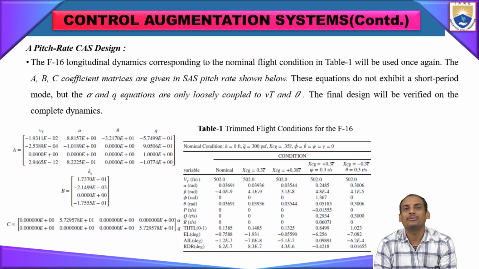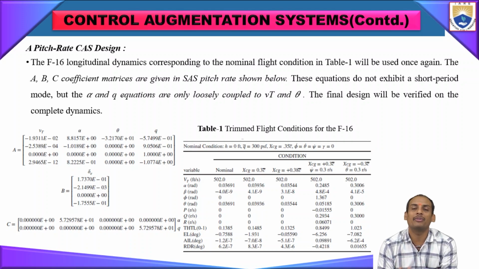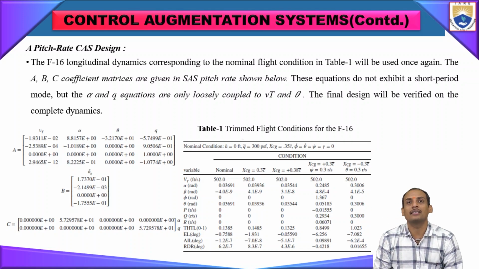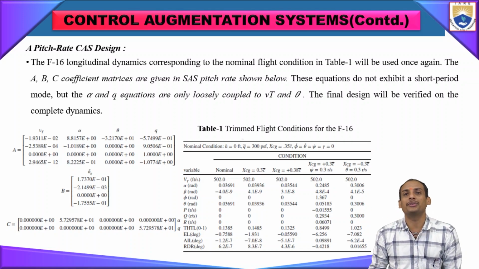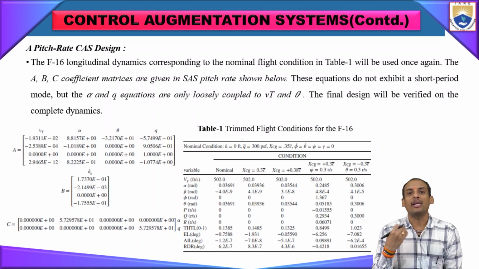The first one will be the pitch rate CAS system design, and another will be the normal acceleration CAS system design. These things we have already discussed in the previous lecture, along with the significance of SAS systems, which is the same practical design.